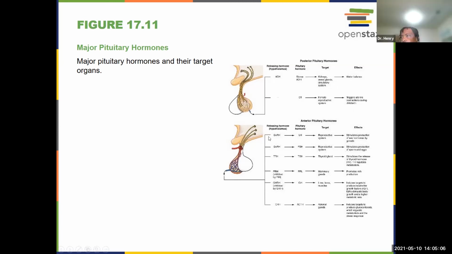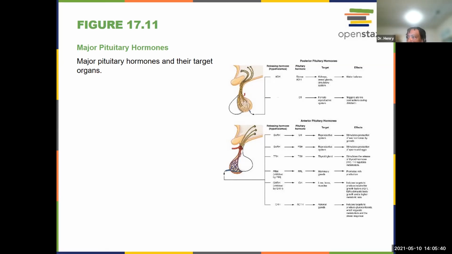And then in the case of the hypothalamus, we have GnRH. So that's going to be responsible for luteinizing hormone production, and that one is going to affect the reproductive system.